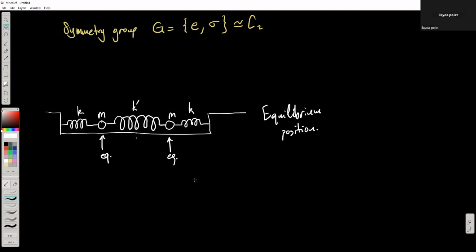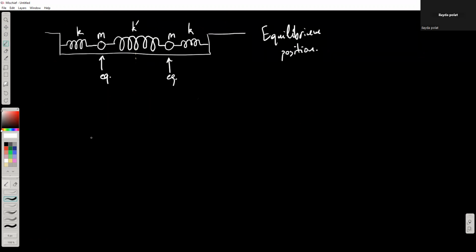Okay? But when I think about the vibrational motion, these objects are going to be displaced. So in that case, I don't want to copy this. I would like to draw a new picture in here. So this is the equilibrium position again, and these are the equilibrium positions. Perhaps the first object is displaced like that, and I'm going to call x1 the displacement, and the second object is displaced like that.